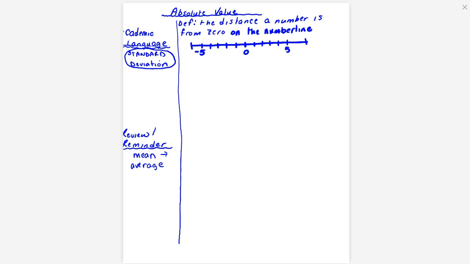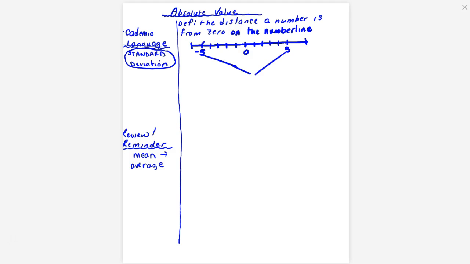Okay, so those two values, 5 and negative 5, are the same distance from 0. And I'm drawing it this way because this is what the graph of an absolute value looks like, a V there.